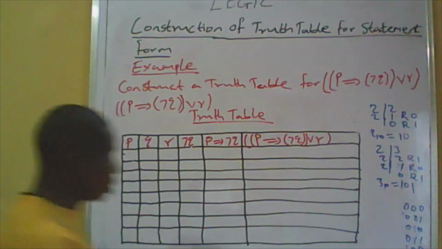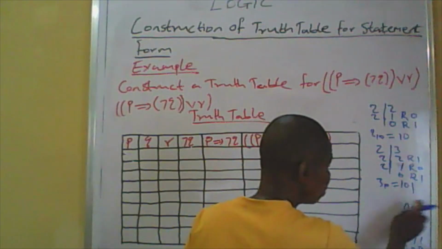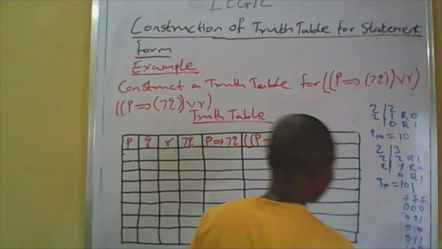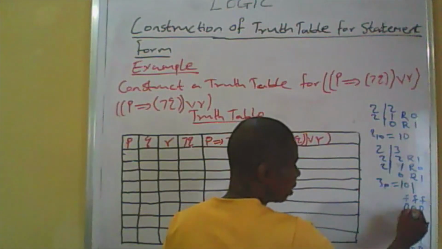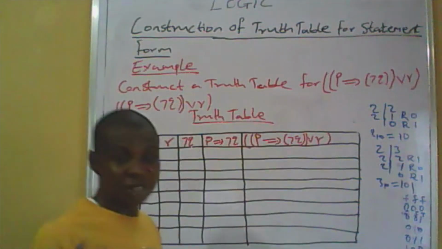Now let us see what each one represents. 000 means F, F, F: each 0 represents F, and 1 represents T, true.